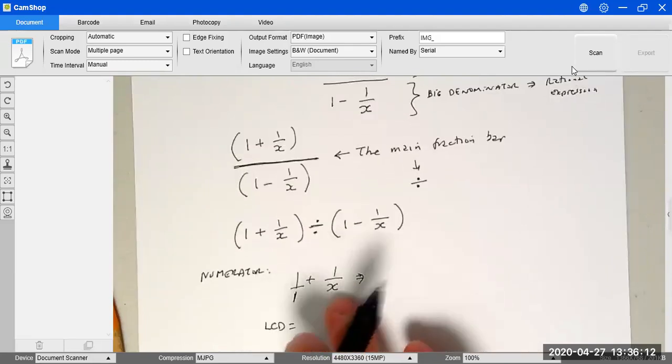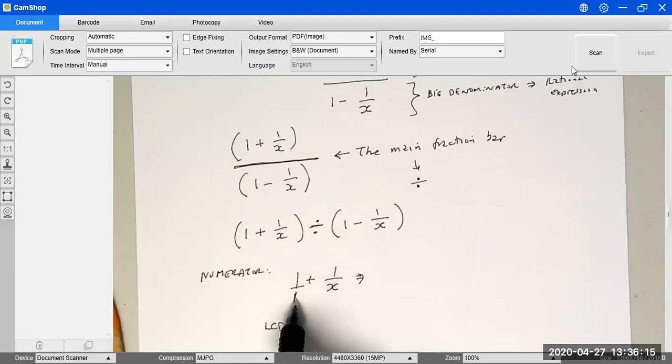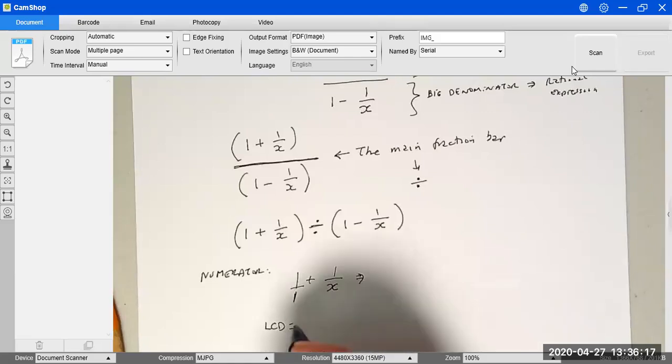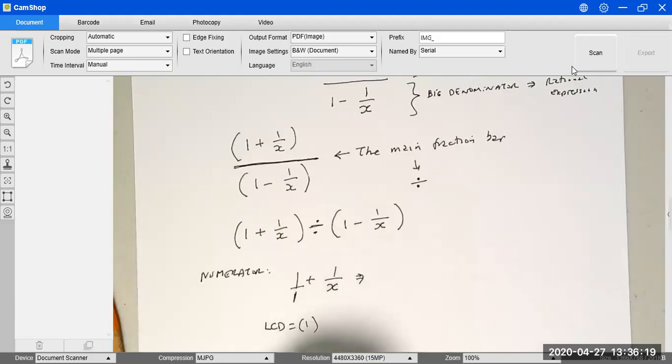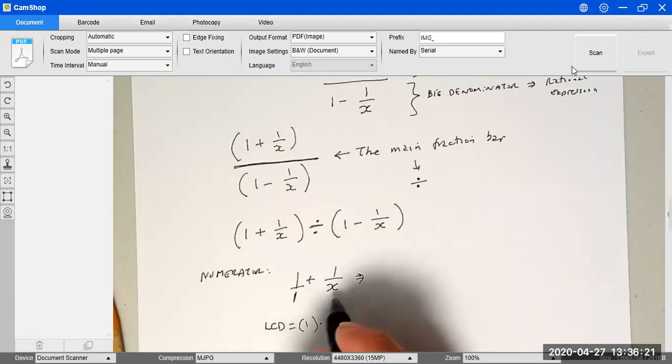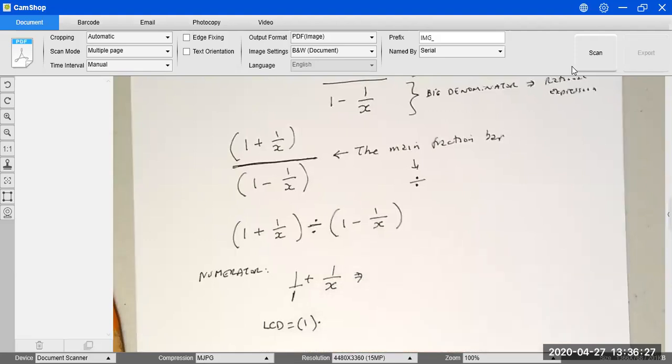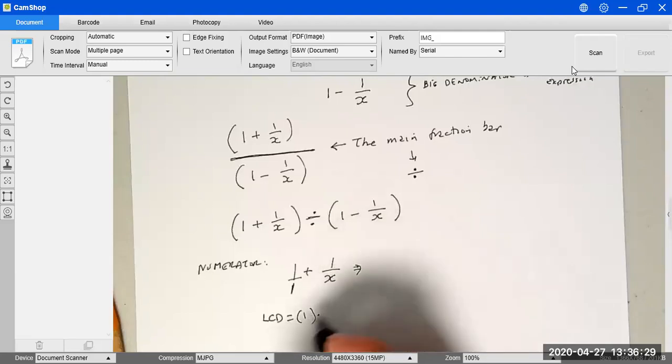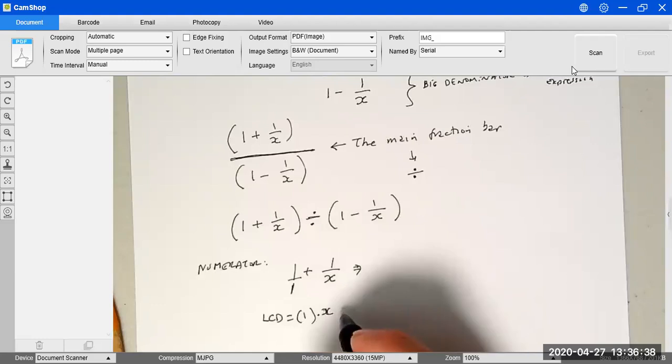The least common denominator for these two fractions is the first denominator times any other factor that you're going to find in the other denominators that is not already in the first denominator. So x is a factor that is not contained in the first denominator. So my least common denominator is just x.